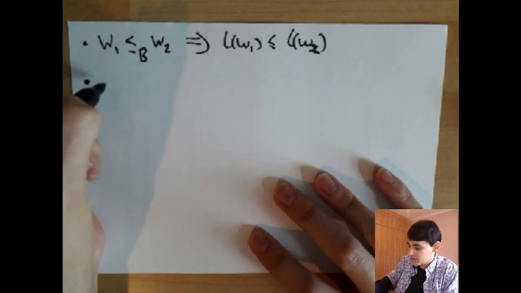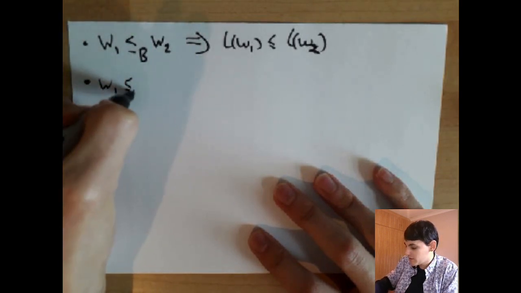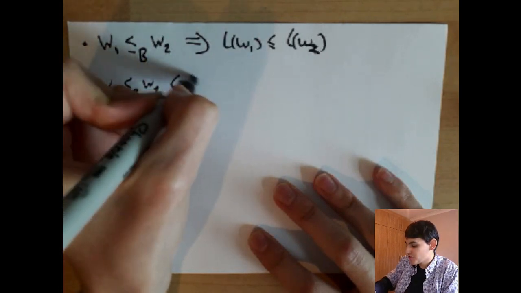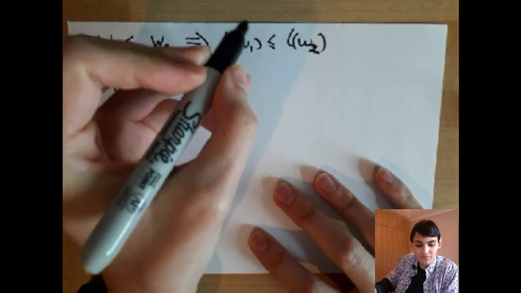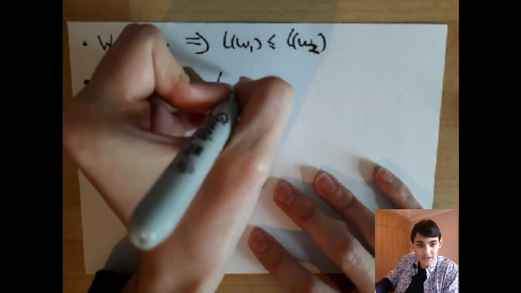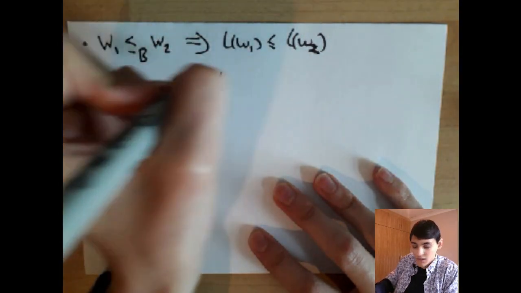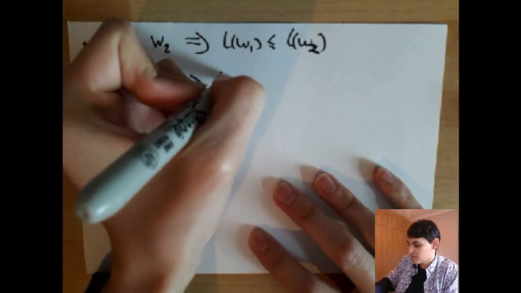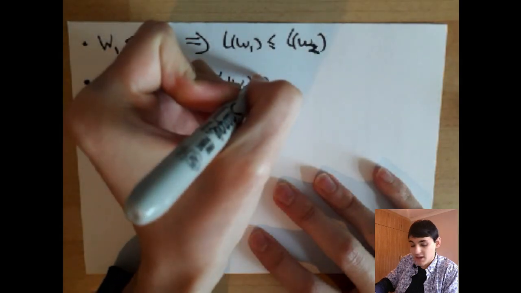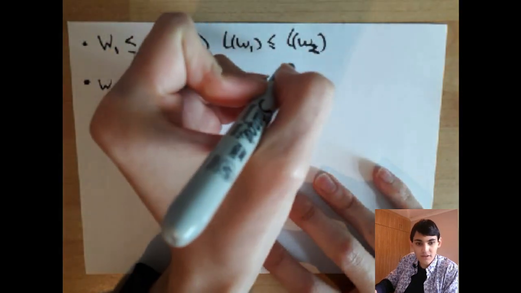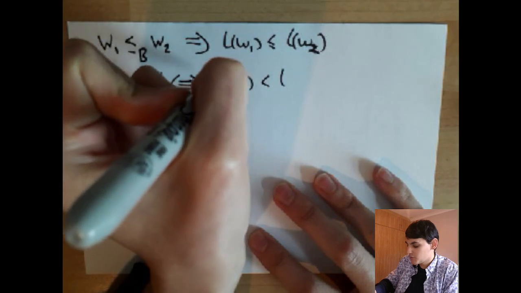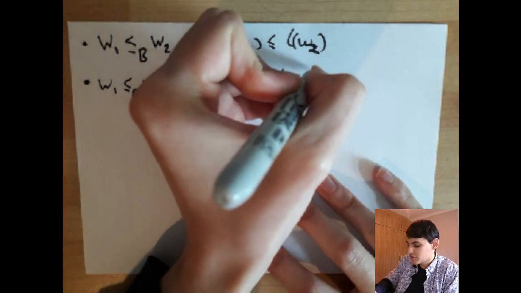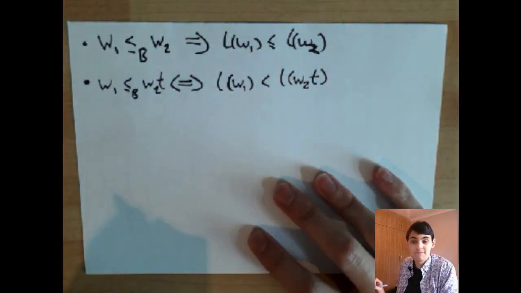We also have that if W1 is less than or equal to W2 in the Bruhat sense, then this is true if and only if the length of W1 is less than the length of W2 times t.